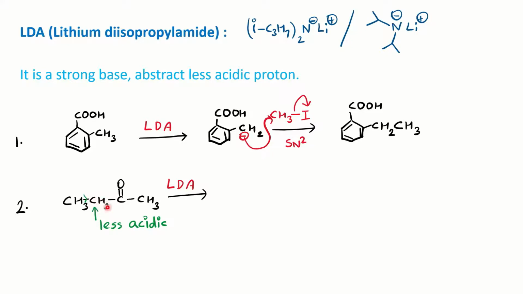So destabilized. While here, though it is having the resonance here with this carbonyl, but plus I effect is there. So as compared to the CH3, again this carbanion which is going to form will be in resonance, will be stable. Okay, so if you compare the two, the CH2 hydrogen is less acidic.